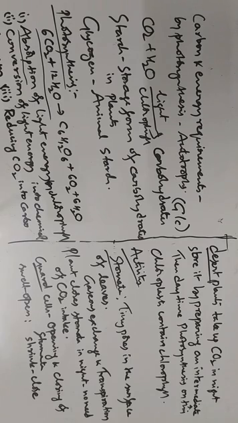So stomatal opening and closing is the function of guard cells. When water flows inside the guard cells, the guard cells will become perfectly kidney shaped and the stomata will get opened. When the water comes out of the guard cells, then the guard cells lose the kidney shape and the stomata get closed.